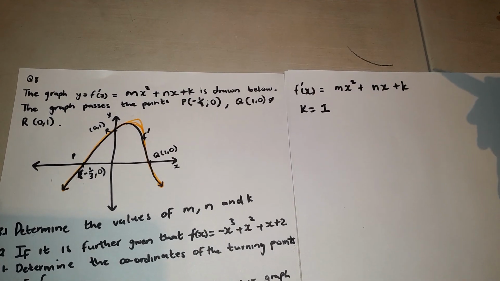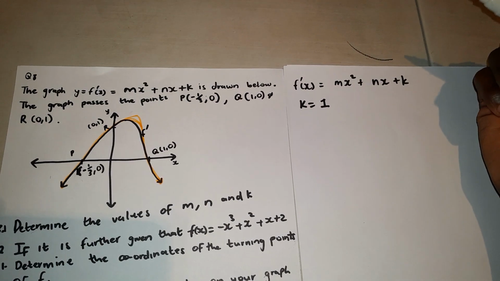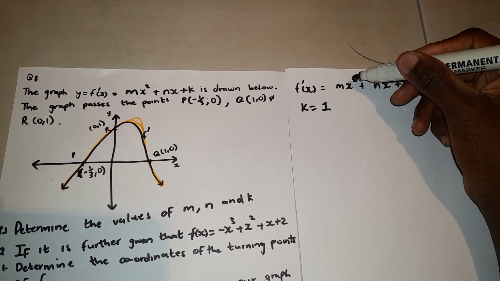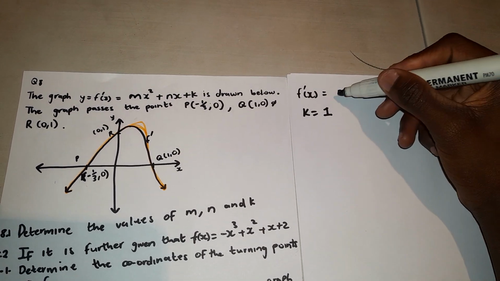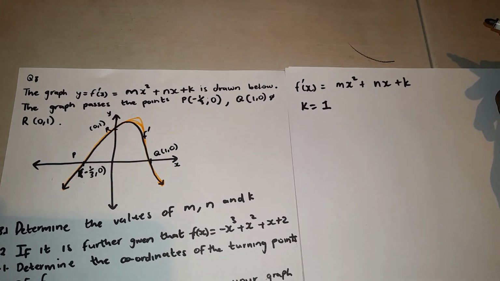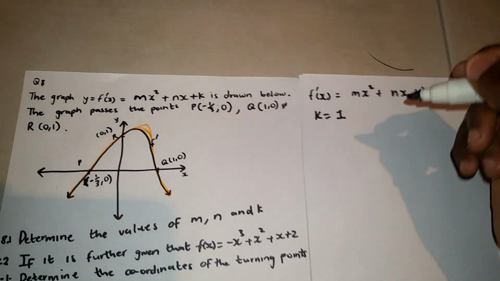Because we know that when the x coordinate is 0, this will be 0, and we'll be left with k, which will be the y-intercept, which is 1.